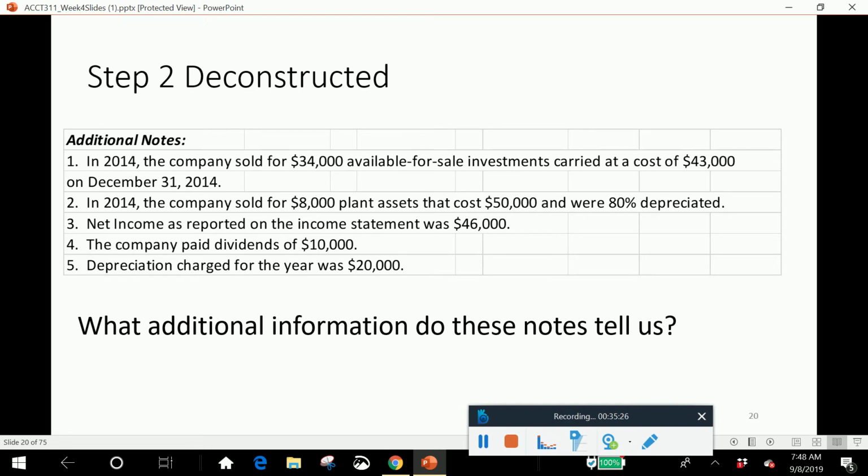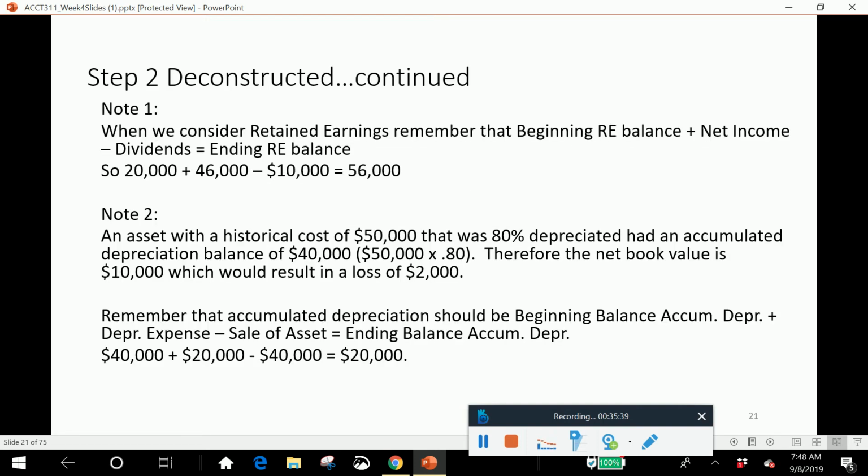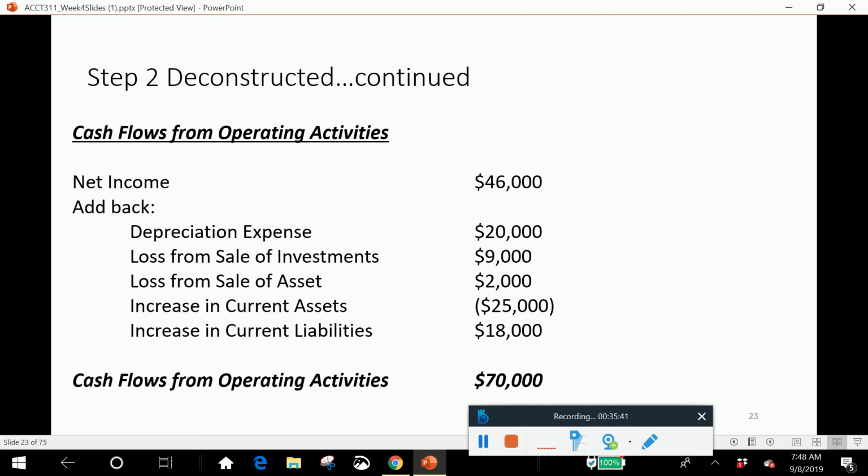Therefore, in our income statement, we recorded a $9,000 loss that caused our net income to go down by $9,000. That was a non-cash item, so we need to add it back. So our total cash flows from operating activities are $70,000.